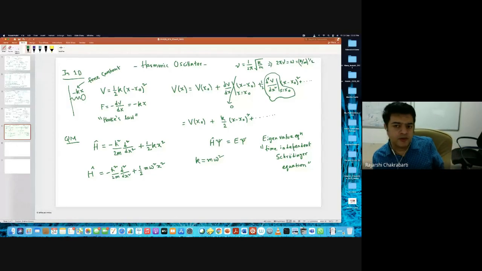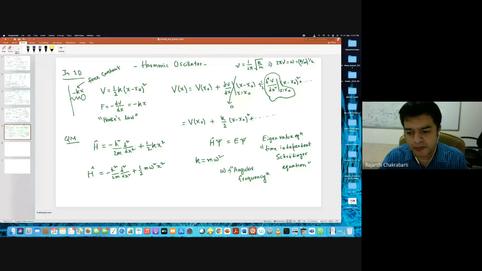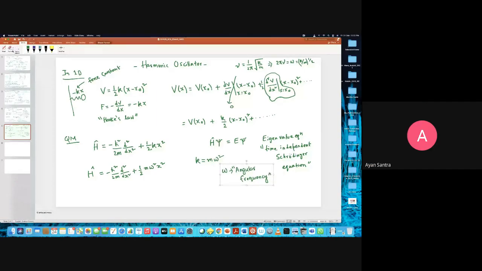I hope everybody knows. This is from classical mechanics. This is the same Hamiltonian written in terms of angular frequency. Omega is your angular frequency. Is this clear? Yes, sir.